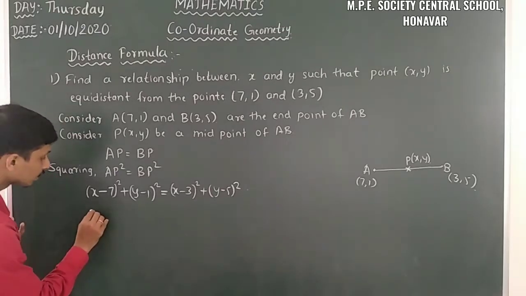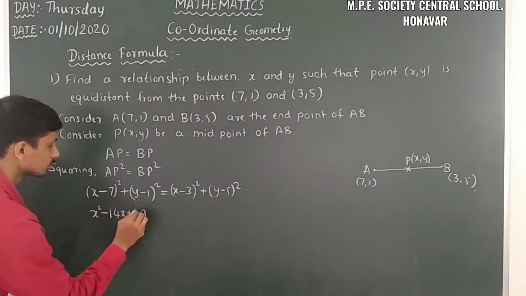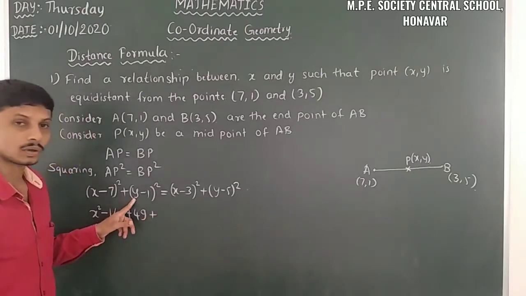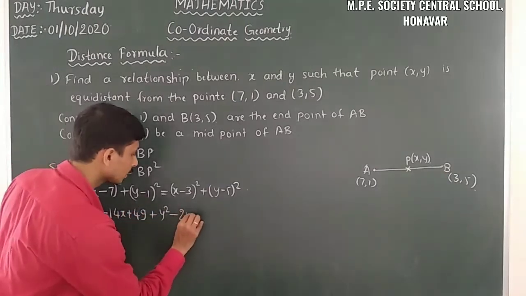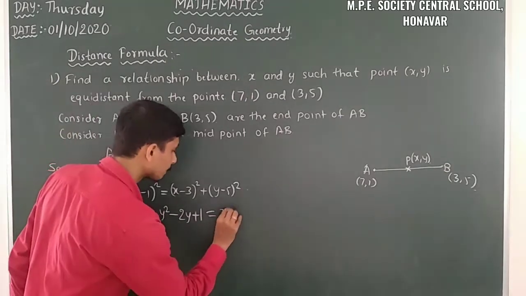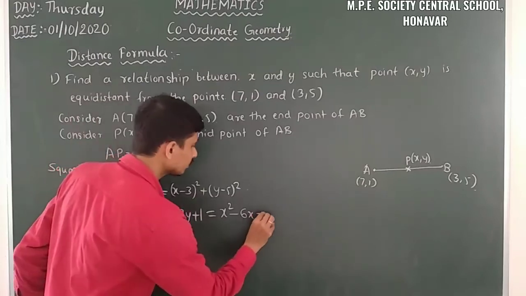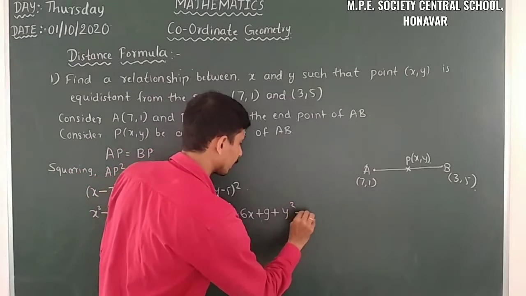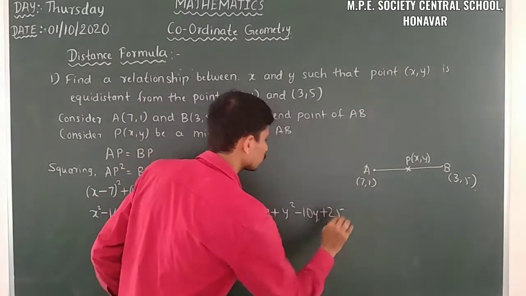Here x square minus 14x plus 49, using a square minus 2ab plus b square, then y square minus 2y plus 1 is equal to x square minus 6x plus 9 plus y square minus 10y plus 25.